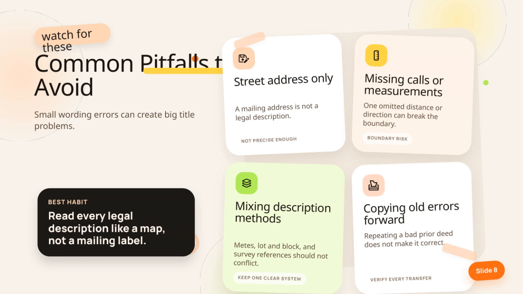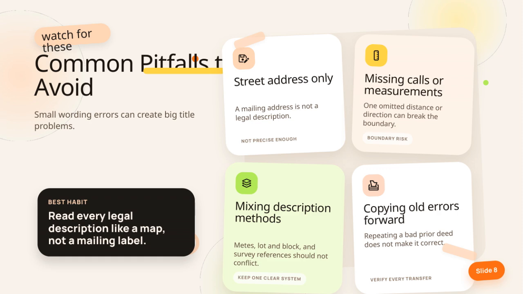Another common mistake is mixing different description methods, such as combining metes and bounds with lot and block or survey references inconsistently. It's crucial to keep to one clear system to avoid conflicts. Additionally, copying errors from previous deeds doesn't fix them, so verifying every transfer is a best practice. Finally, always read every legal description like a map rather than just a mailing label to ensure accuracy and avoid problems down the line.